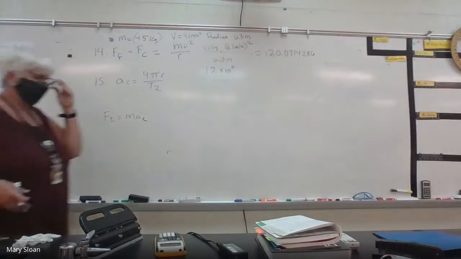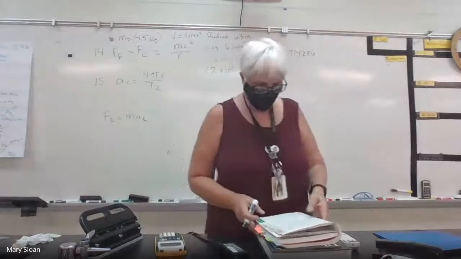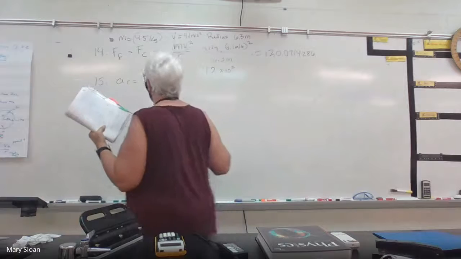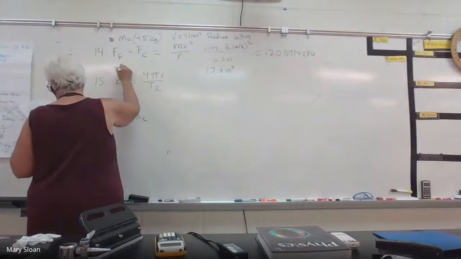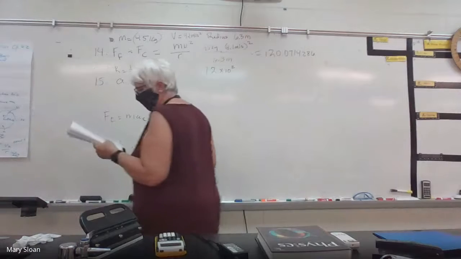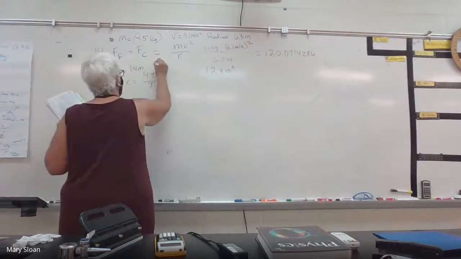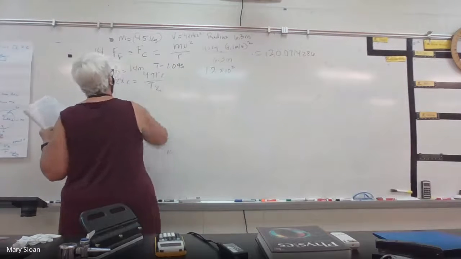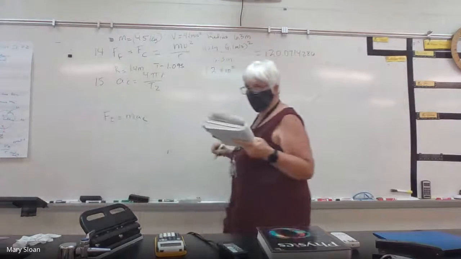All right. So what is our radius? So here, this question, sir. 1.4. Okay. What is our time? The time is 1.09. Okay. Should be able to do this, right, guys?